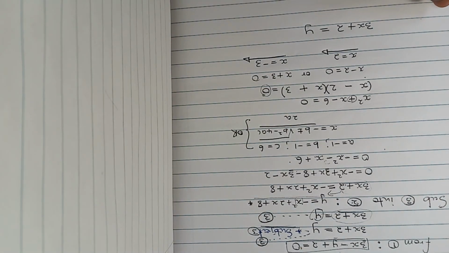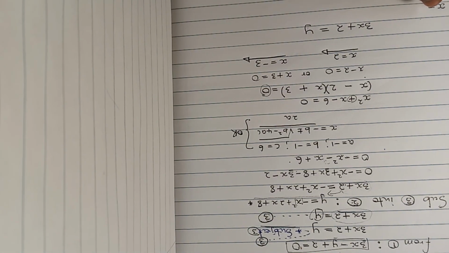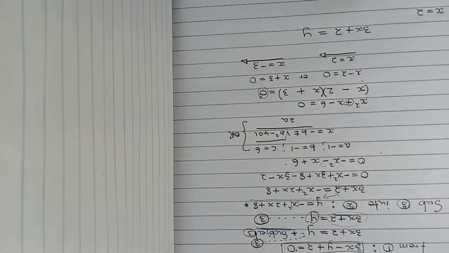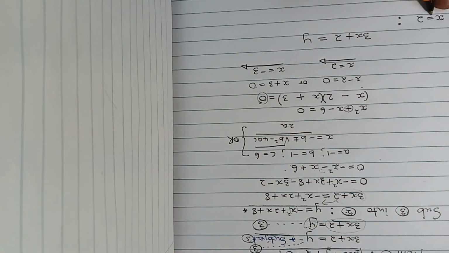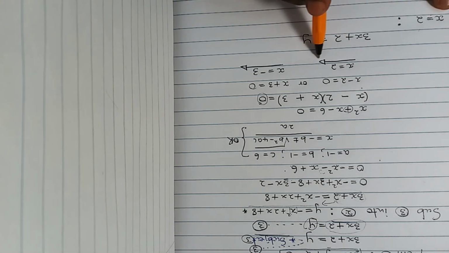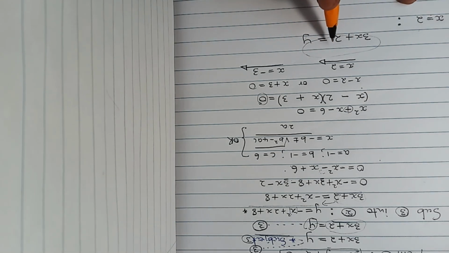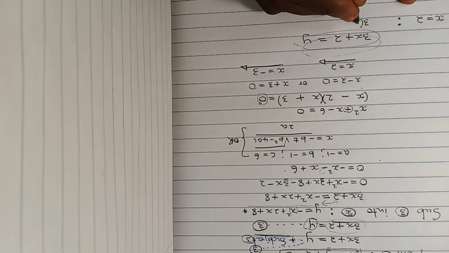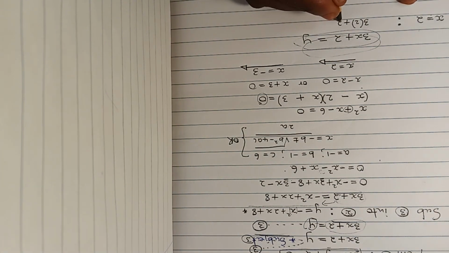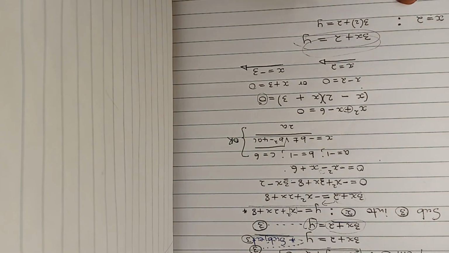So now we're going to substitute for each value of x, starting with x equal 2. So if x is 2, that means here where we see x, we will put 2. So we have 3 into 2 plus 2 being equal to y.